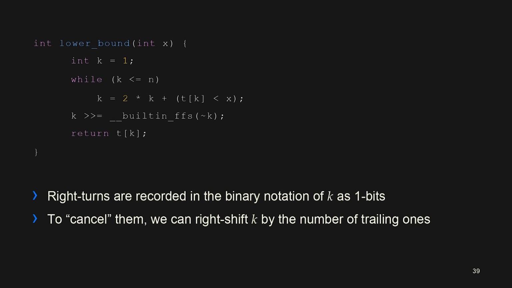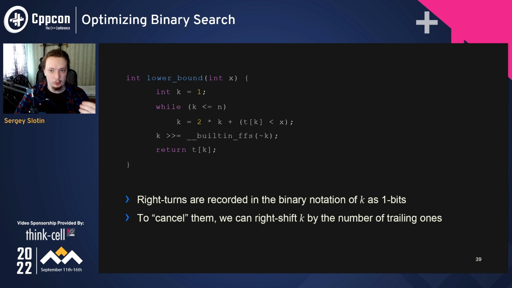On modern CPUs, this problem of cancelling the longest suffix of 1s can be done with a special CTZ instruction, which stands for count trailing zeros, and it does exactly that: it counts the number of trailing zeros in the binary representation of a number. It is exposed in compilers as the built-in FFS intrinsic, where FFS stands for find first set bit, which is the same as the number of trailing zeros.